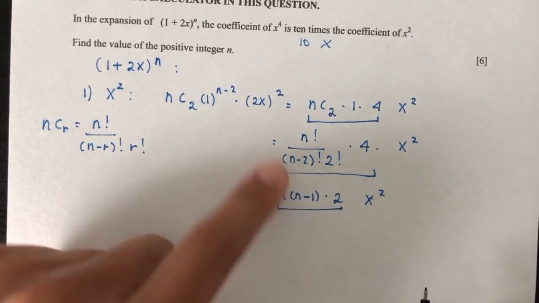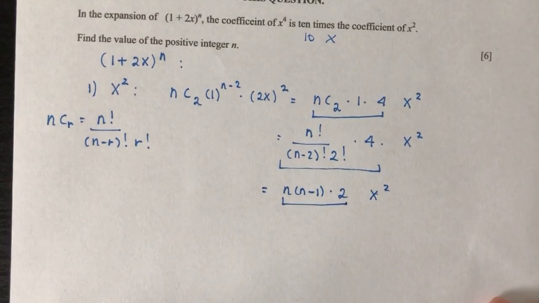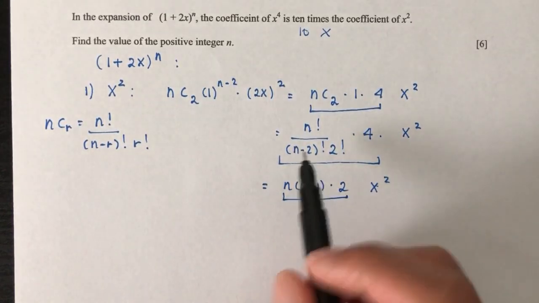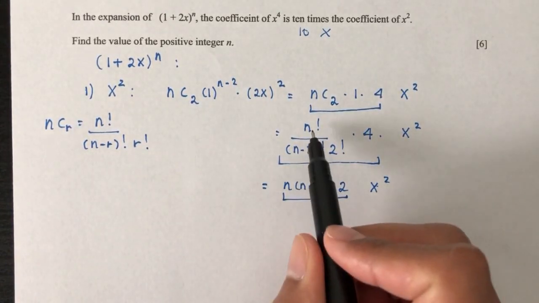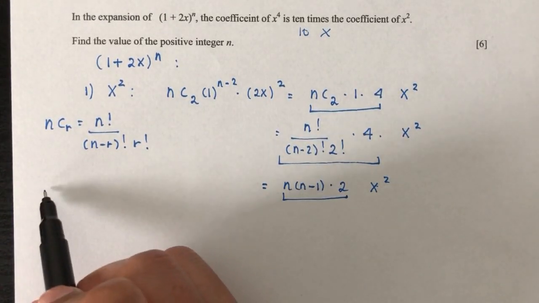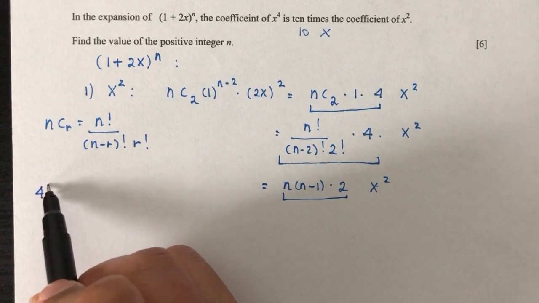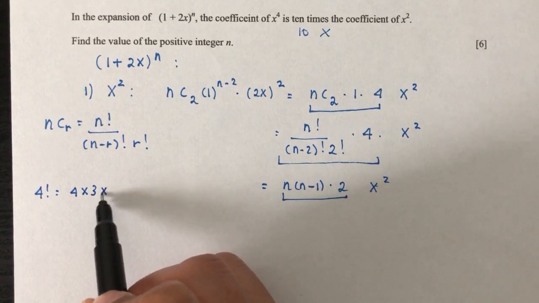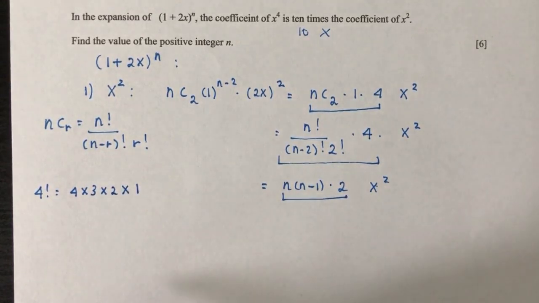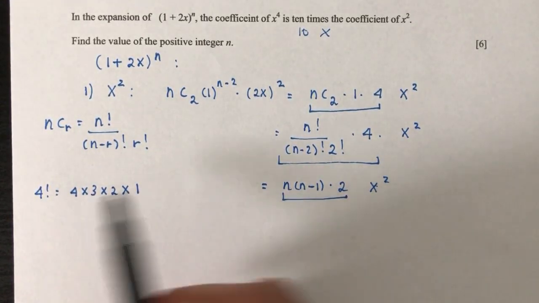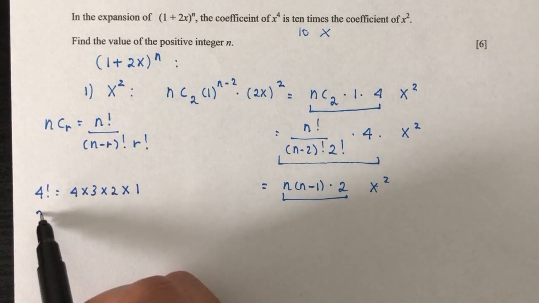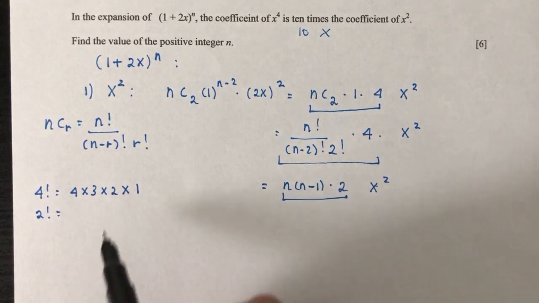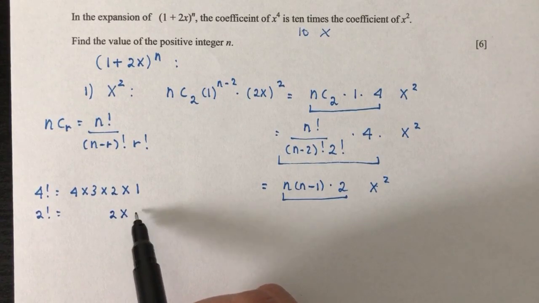So how do I get this from this? Let me write this on this side. For example, let's say n equals 4. So that will be 4 times 3 times 2 times 1, right? Now, this is (n minus 2) factorial, so this will be 2 factorial. What is 2 factorial? 2 factorial is 2 times 1.